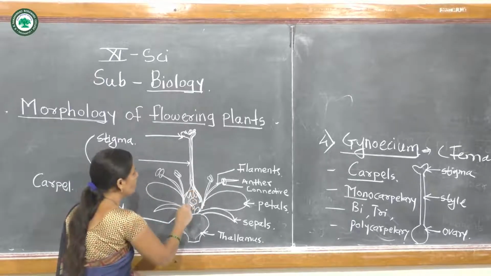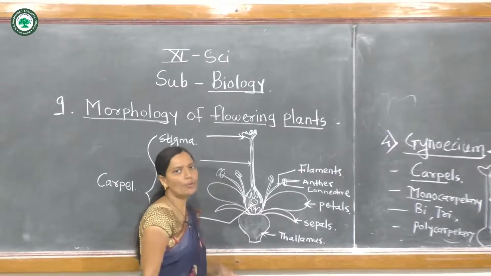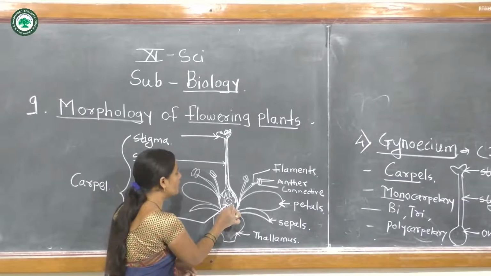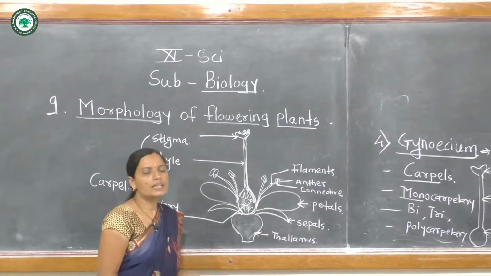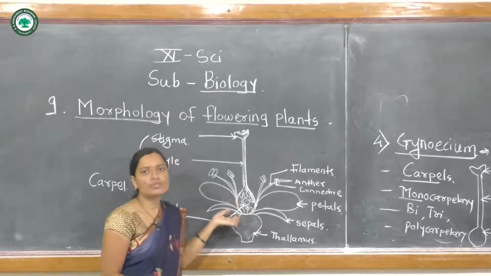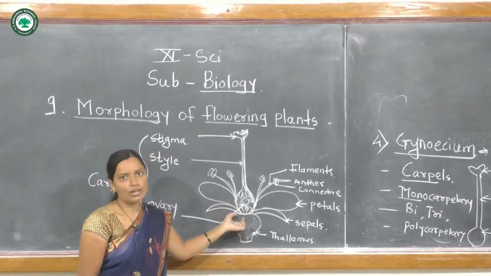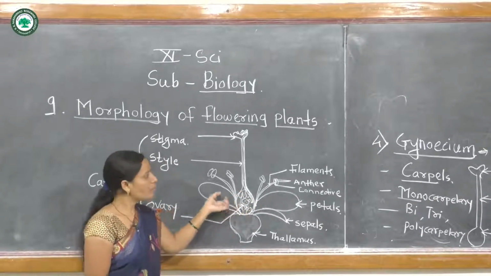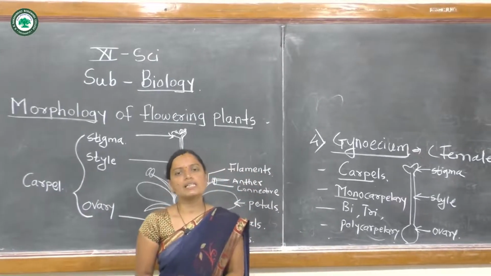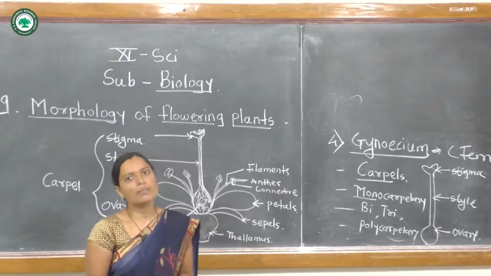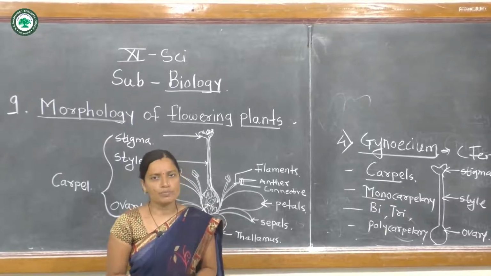The male gametes are inserted into the embryo sac: one male gamete fuses with the egg cell and the other male gamete fuses with the secondary nucleus. That is how the fertilization process occurs in the flower, with the formation of the embryo and the endosperm. In angiospermic plants, the most important feature is that double fertilization as well as triple fusion takes place.